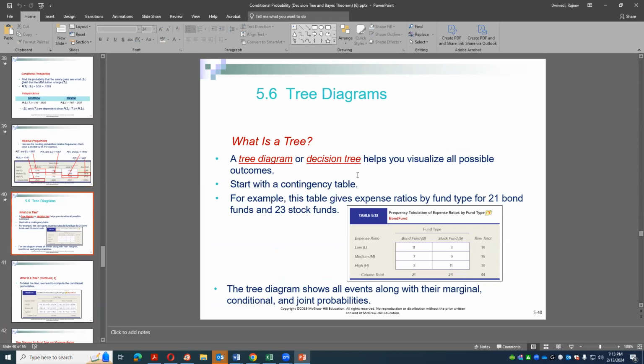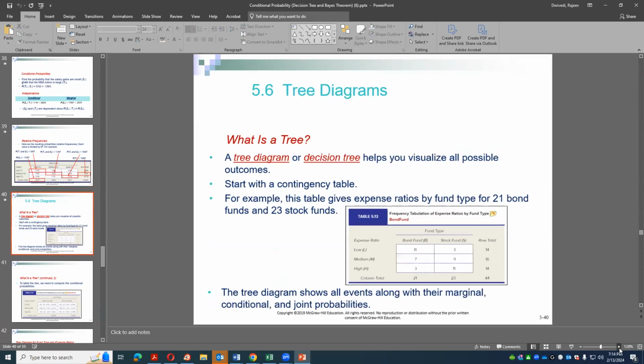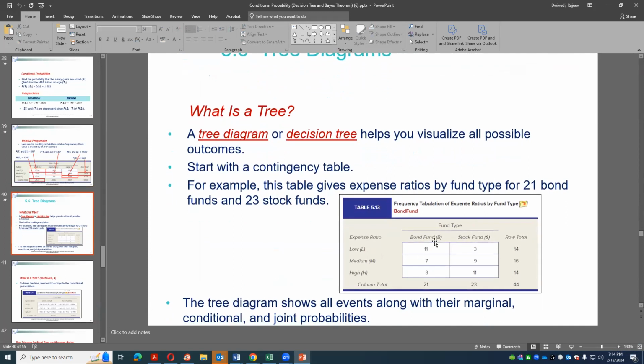Now it has use for a decision tree. A decision tree is a very helpful tool that managers use for their decisions. If they have multiple options, to choose which option, they use a decision tree. This is the example that you can go through. They have 2 fund types, bond or stock fund, and expense ratio low, medium, and high.